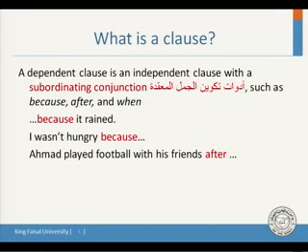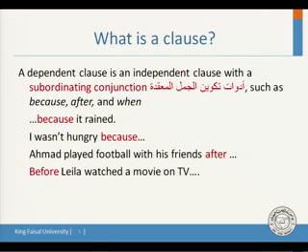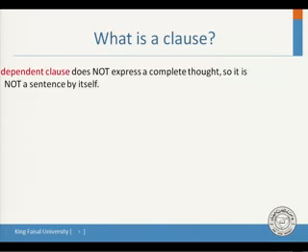We need to finish them, to complete them. So they are dependent clauses that need to be supported. They need help. Another example. Before Layla watched a movie on TV. Dependent clause. Very good.